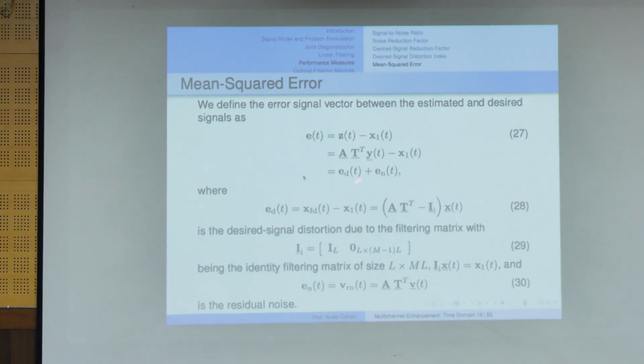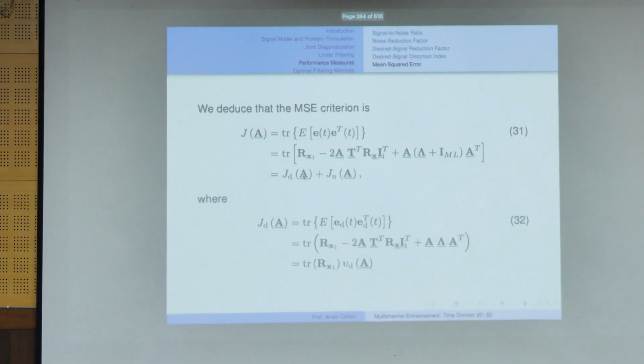And if we take the mean squared error of this, it contains two components because the noise and the desired signal are uncorrelated. So the mean squared error can be written as two components. One is related to the MSE-based distortion. The other is related to the MSE-based residual noise.